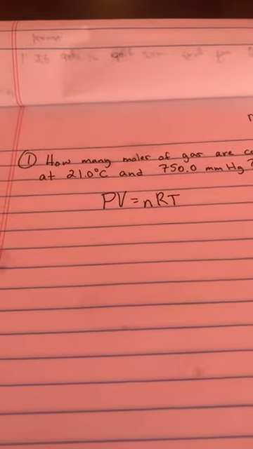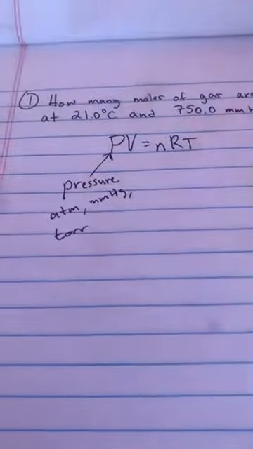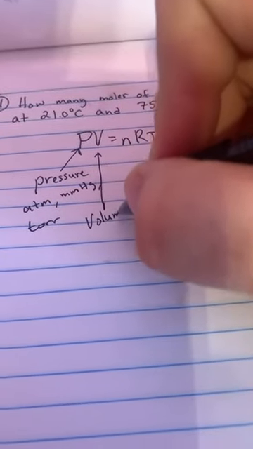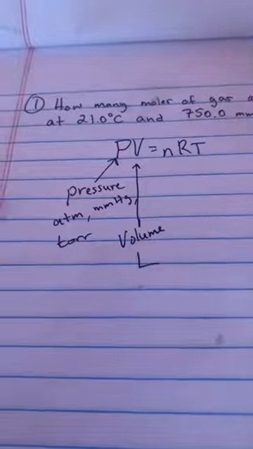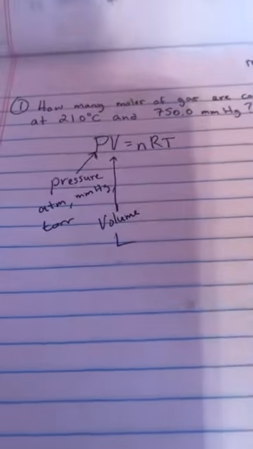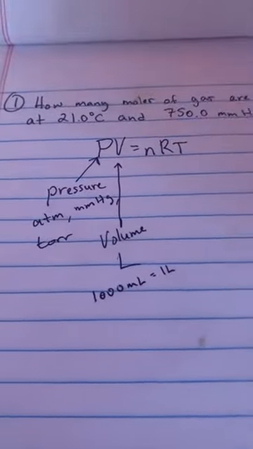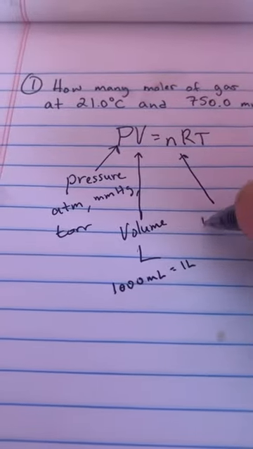Still not done yet. All right, so let's go back over what these units mean, okay? This is pressure, and it can be in atm, it can be in millimeters of mercury, it could be in torr. Those are the three that I gave you. This is volume, and that's going to be in liters, or it could be in milliliters. There are 1,000 milliliters equivalent to 1 liter. n is moles.